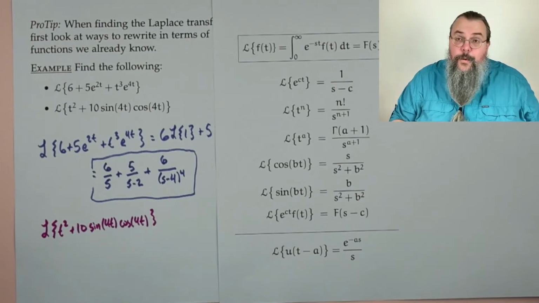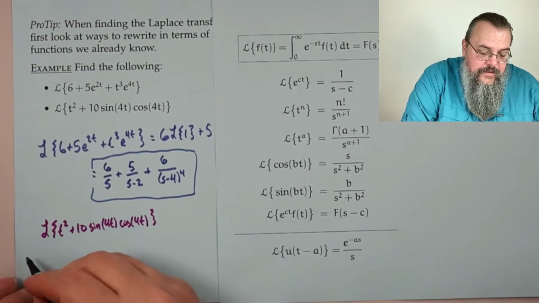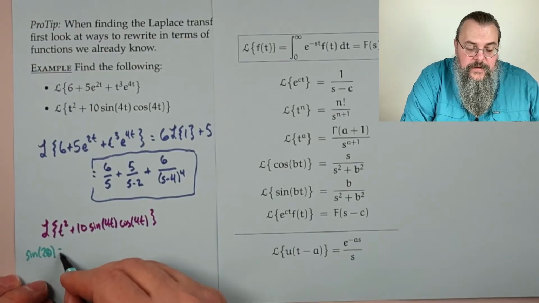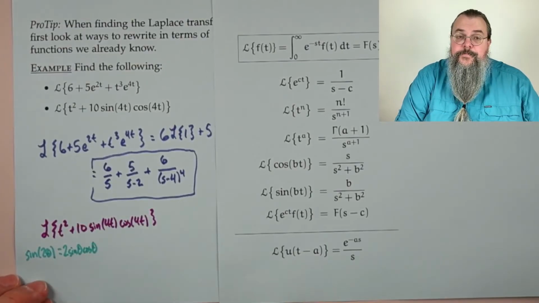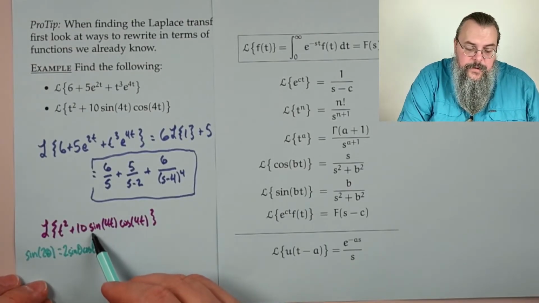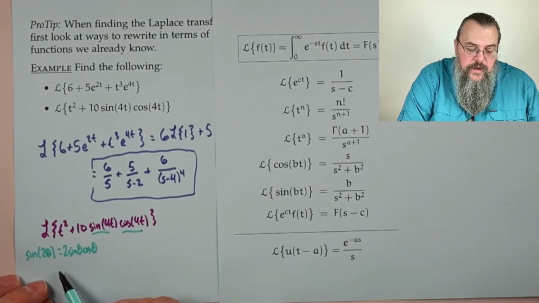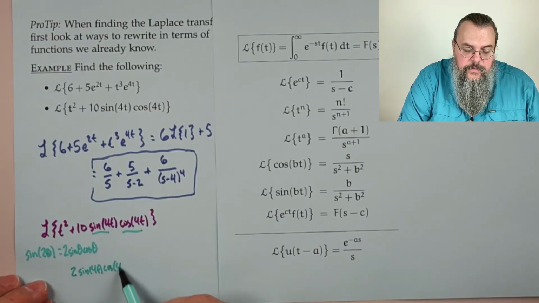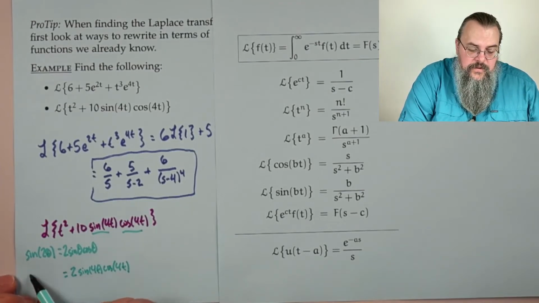Well, there is a wonderful identity, namely that sine of 2 theta is 2 sine theta cosine theta. So, we say, okay, we have a sine cosine, the insides match, so if we had 2 sine of 4t cosine of 4t, so I added 2, according to the rule, that would be sine of 8t.